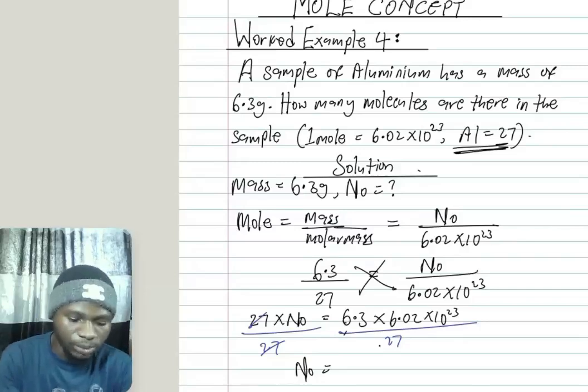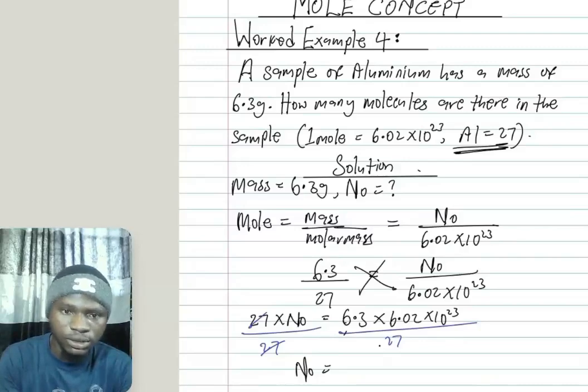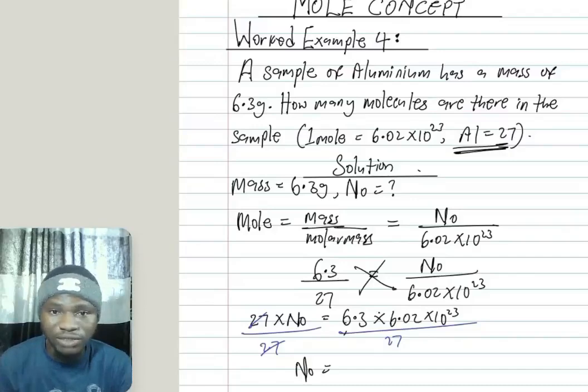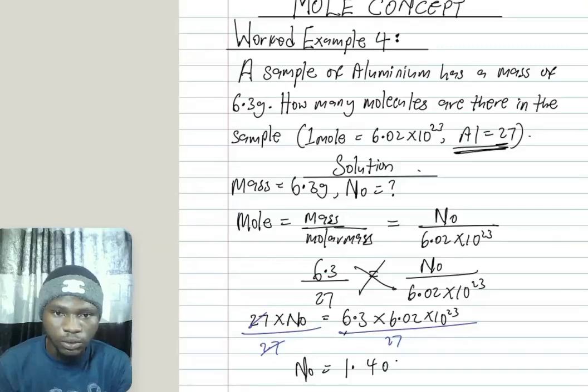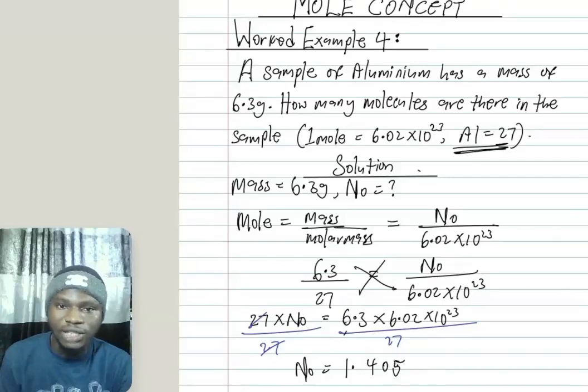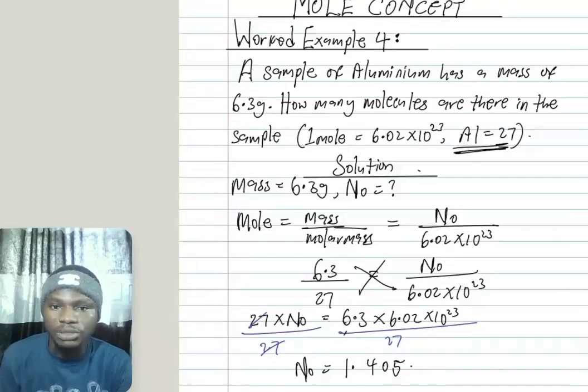So I'll be doing 6.3 times 6.02, then divided by 27. Everything here gives me 1.405. After doing this, I have 1.405. Then I'll just bring my 10 to the power of 23 molecules.